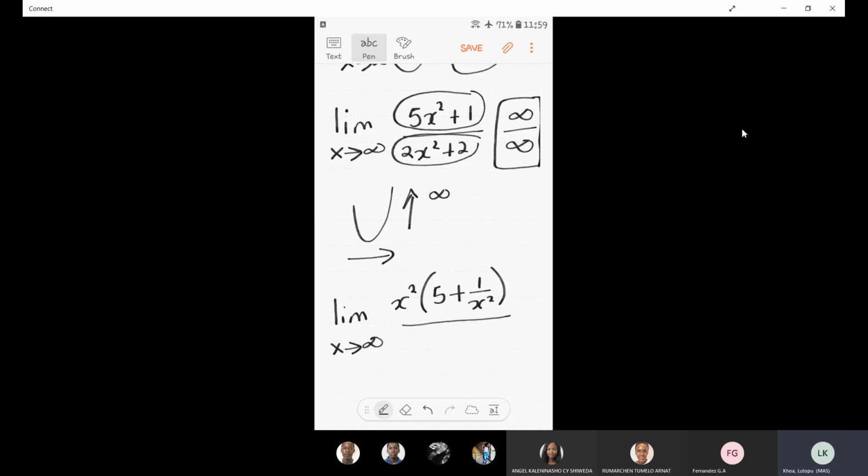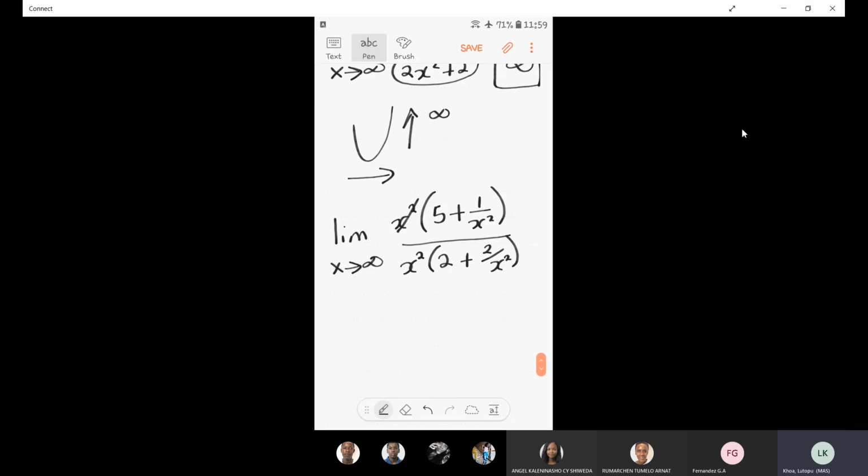And then in the denominator, I have x squared times 2 plus 2 over x squared. Okay, then these two x squared can cancel. What I have left is the limit as x goes to infinity. In the numerator, I have 5 plus 1 over x squared. In the denominator, I have 2 plus 2 over x squared.